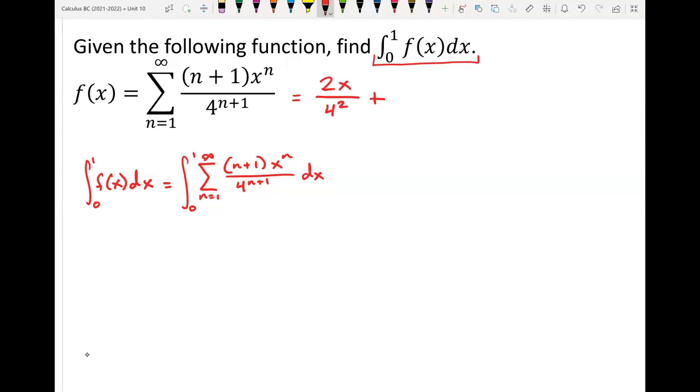And then plus, the next one would be n equals 2, 3x squared over 4 to the third. Plus the next one would be 4x to the third over 4 to the fourth, and so forth. So if I wanted to integrate a sum, we can do that.